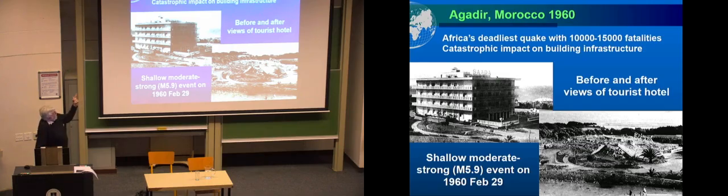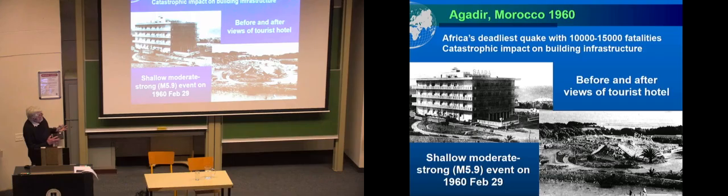That's what one of the coastal hotels looked like before the event. That was it afterwards, and it wasn't even magnitude 6. The town was so destroyed during that event that it was abandoned after that. That's Agadir. So this is Africa's most disastrous historic earthquake.